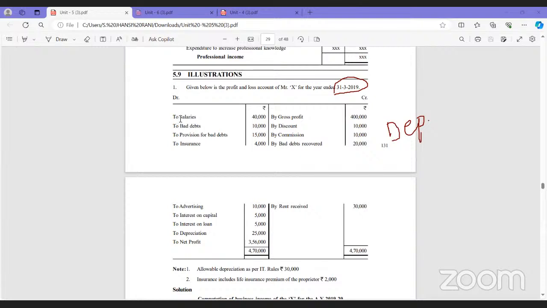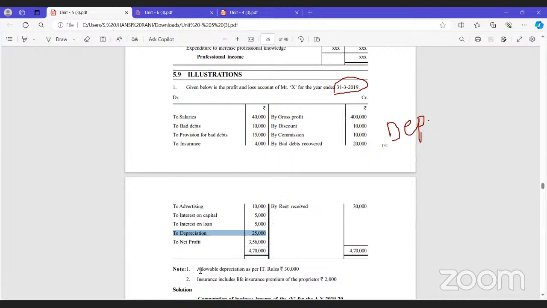On the debit side, you have salaries, bad debts, provision for bad debts, insurance, advertising, interest on capital, interest on loan, depreciation, net profit, gross profit, discount, commission, bad debts recovered, and rent receipt. On the debit side we have expenses and losses, and on the credit side we have incomes and gains. Now, note that allowable depreciation as per IT rules is 30,000. In the profit and loss account, the depreciation is 25,000, calculated by the business person.